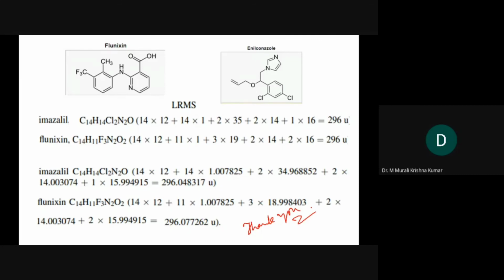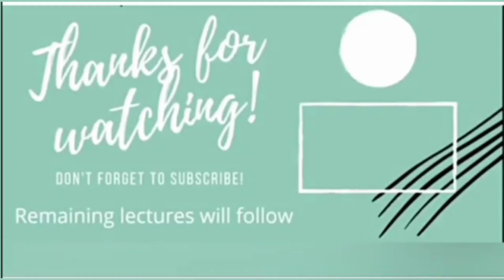In fact, we have 2 more sessions regarding that. Then we will conclude mass spectrometry and go to another very exciting topic, nuclear magnetic resonance spectroscopy. So see you all again in the next class.